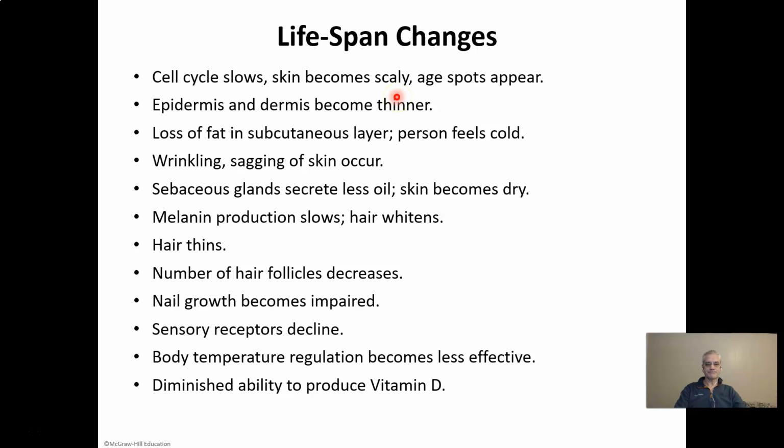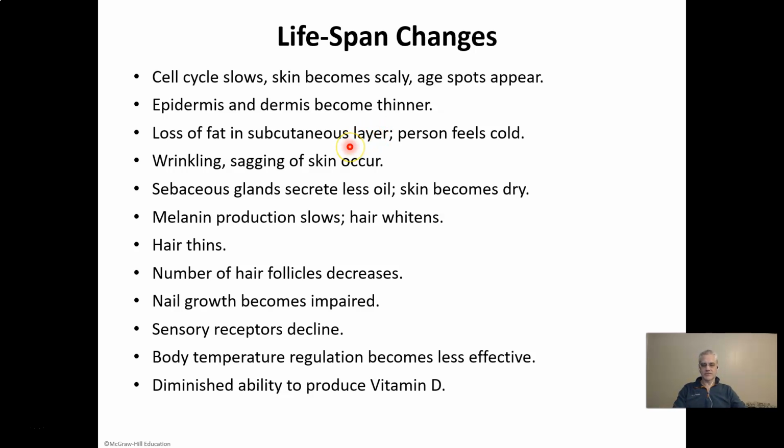Darn it. Right, the epidermis and the dermis become thinner. That's a classic thing over time. And certain medications, long-term medications. Prednisone is a classic one for making thin, very easily breakable skin. We call it friable skin.